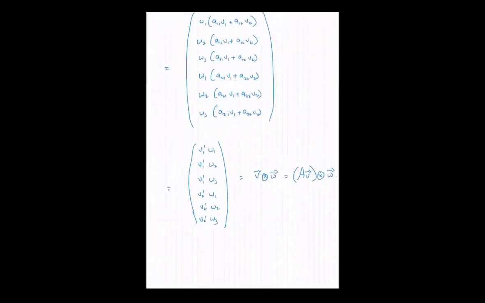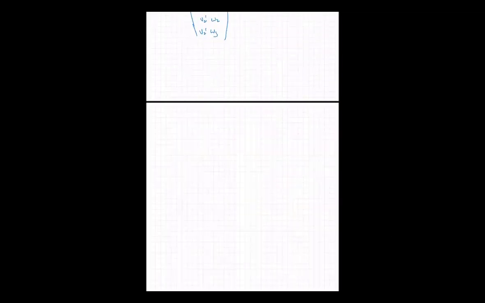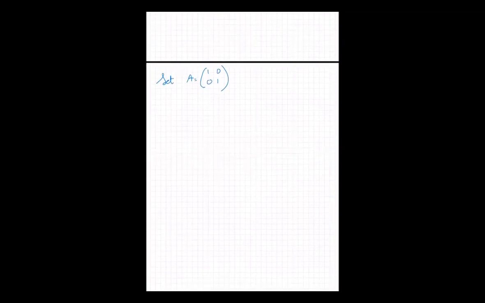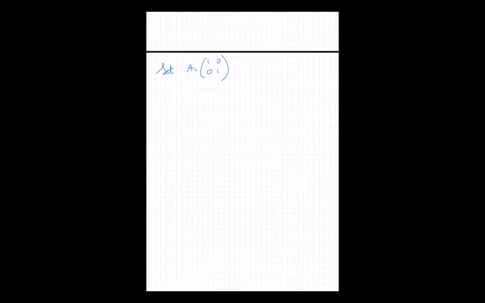So I leave it to you to figure out, because I don't have a lot of time, that if you do it the other way around, for example, if you set A equal to the unit matrix, 1, 0, 0, 1, don't worry about the mapping in A, but let us worry about the mapping in B. So remember that my direct product space is the direct product of the 2-dimensional space with a 3-dimensional space.